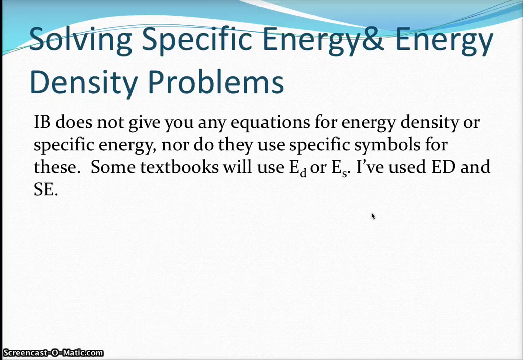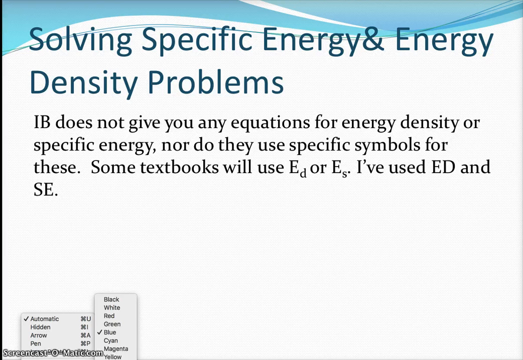Alrighty, so the tricky thing about solving specific energy and energy density problems is that there's no formal equations for it. If you've looked in the IB data booklet, they don't have any equations for it, and they don't even have any specific symbols for it. Now, some textbooks I've seen will use an E subscript D to mean energy density.